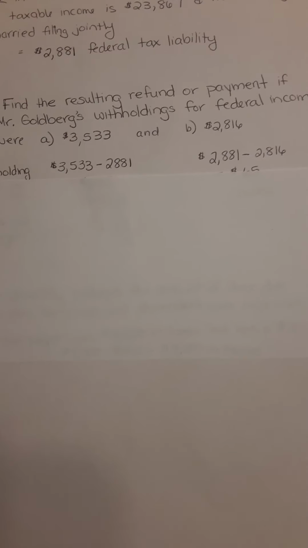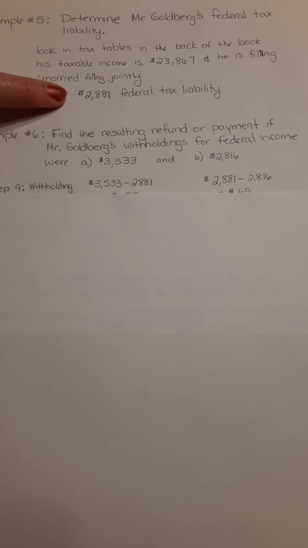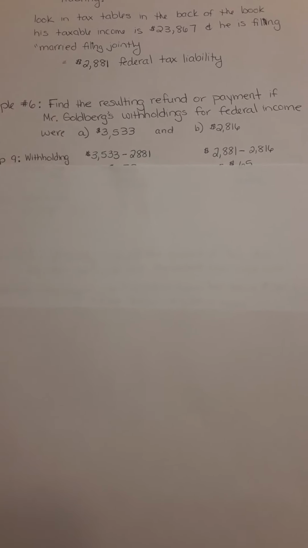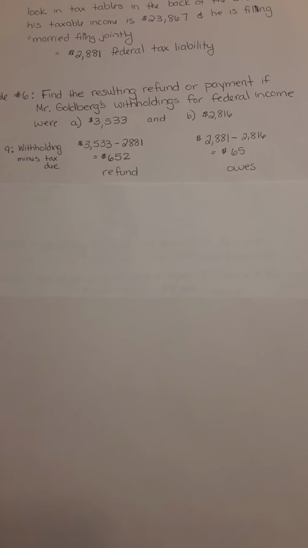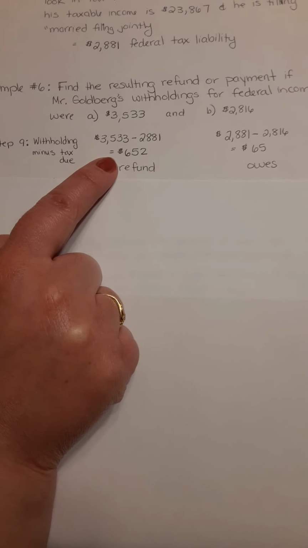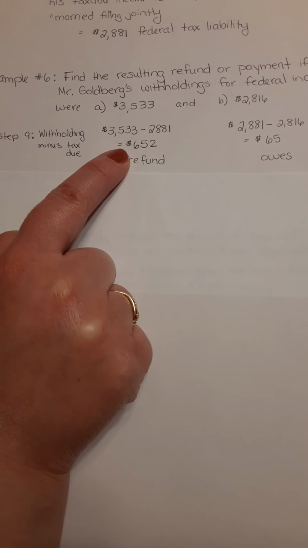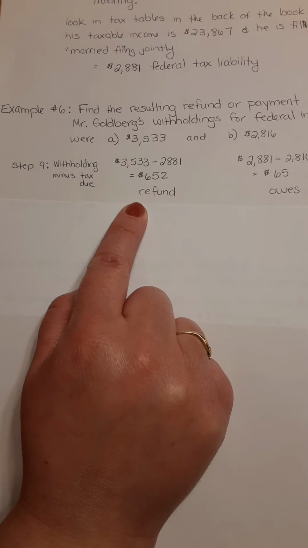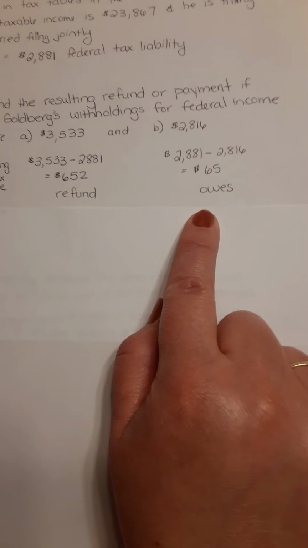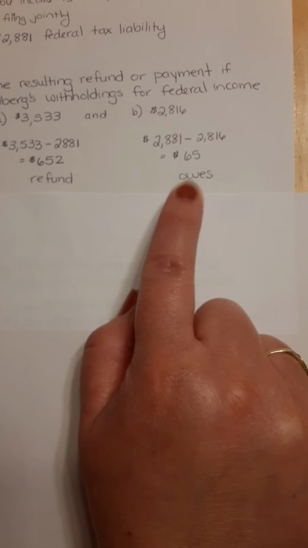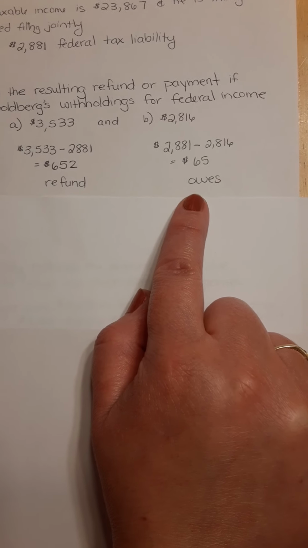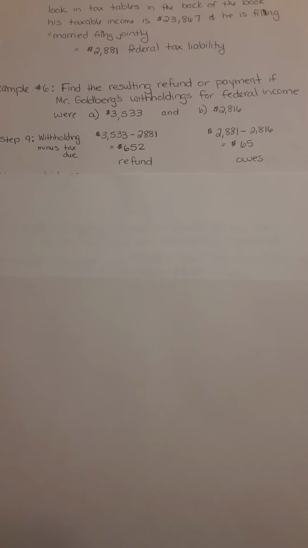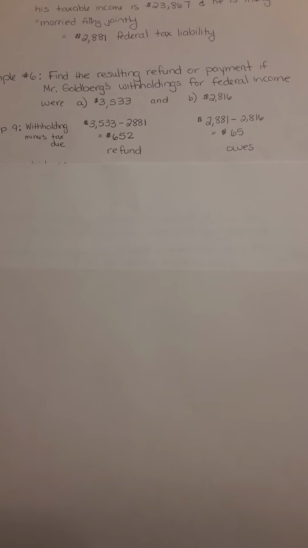So what we're going to do is find the difference between what the federal tax liability said we have to pay the government versus what was taken out. If you notice in the first case, once I subtract and find the difference, the government actually took out too much money. And so in case A, Mr. Goldberg's going to actually get a refund. In part B, not enough money was taken out, so he owes $65 to the federal government once we find the difference. Okay, so that's basically how we work through the table.